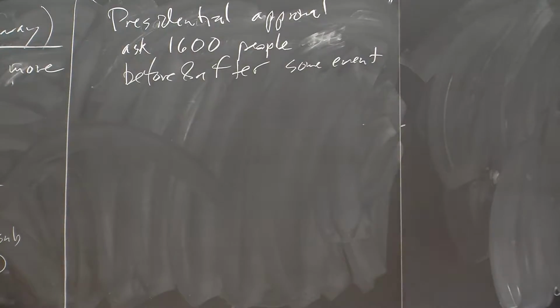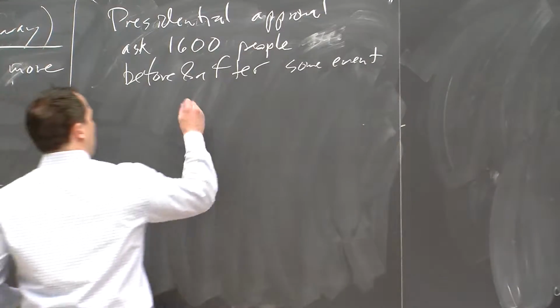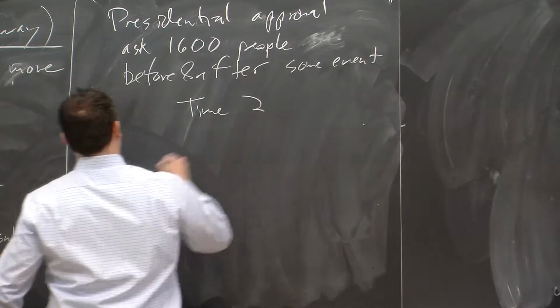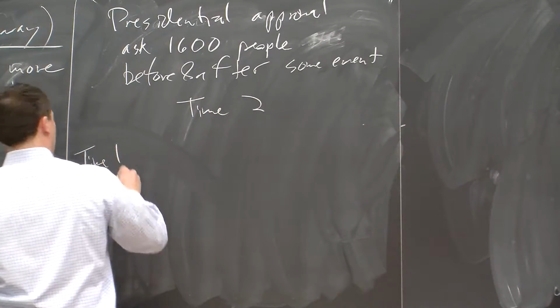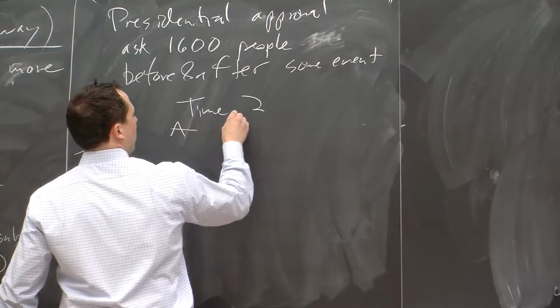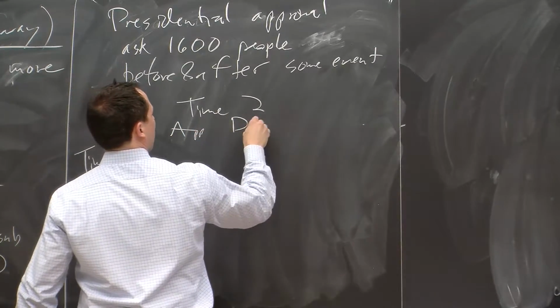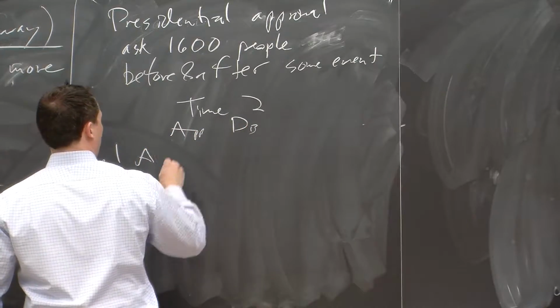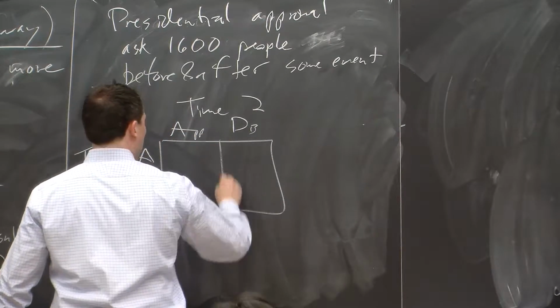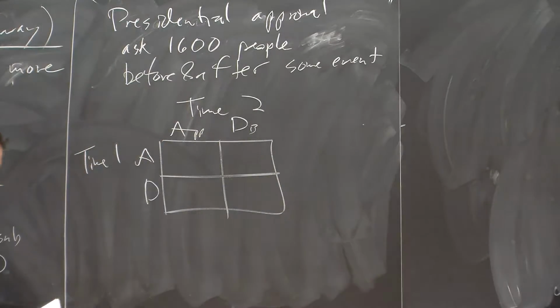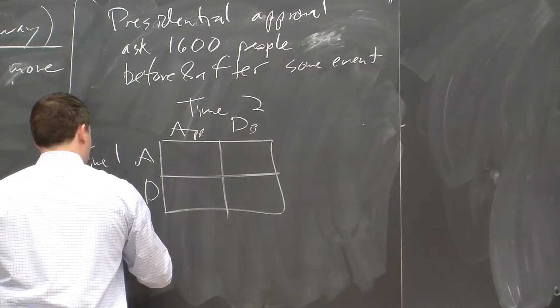Something bad happens. Okay, so then we get a table of time 1 and time 2, and we have people that approve and people that disapprove. We're asking the same people twice. We're calling them back.